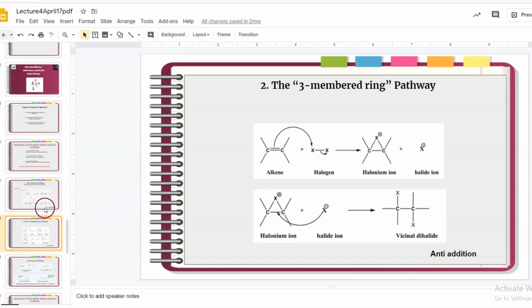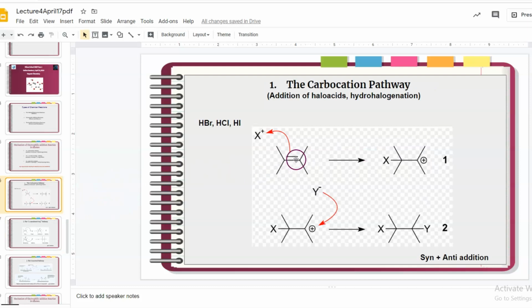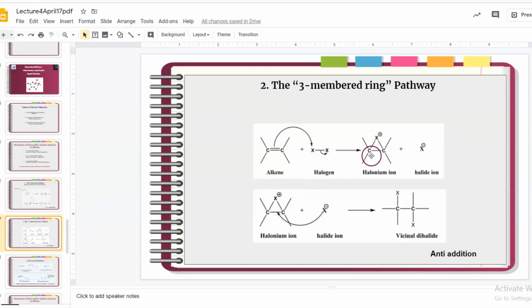But remember, if you go back to our previous slide, the X would make a bond with the carbon and you'd have a positively charged center, a carbocation. But now the difference is that this X is not going to make one complete bond with one of the carbons and leave the other carbon positive. That's not going to happen.